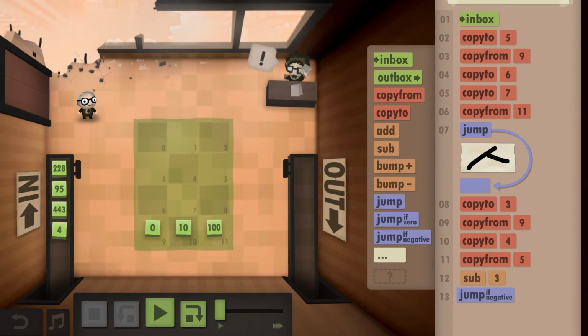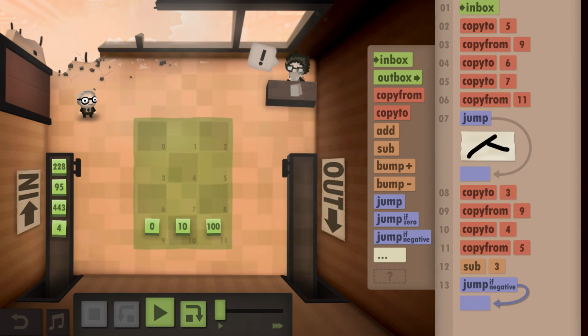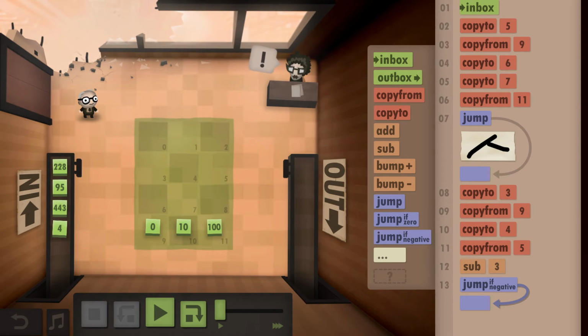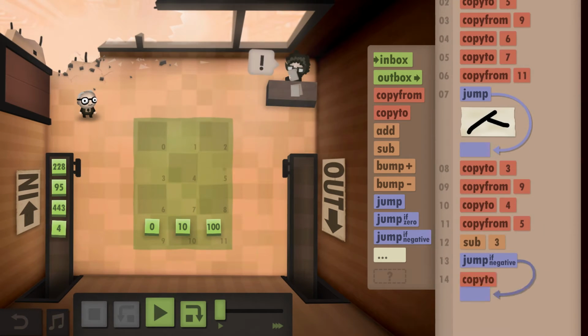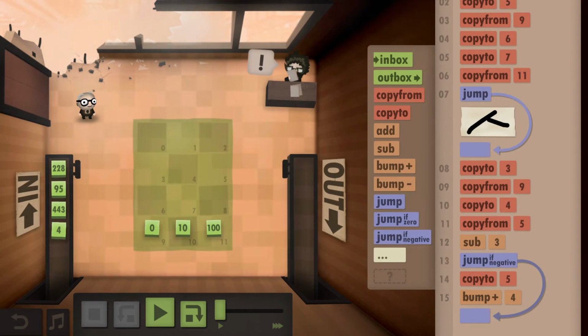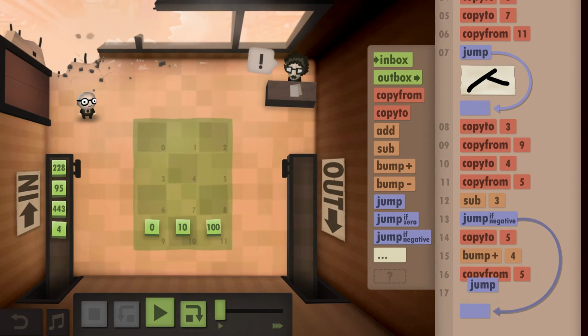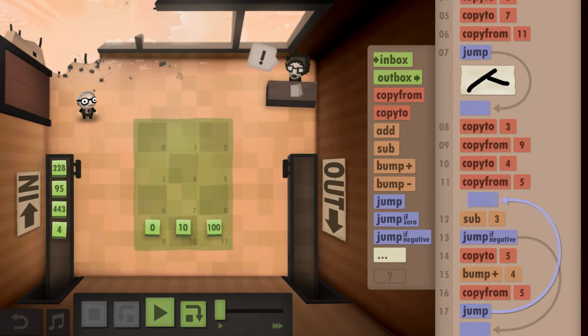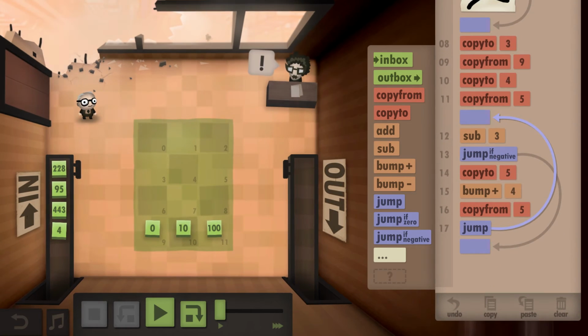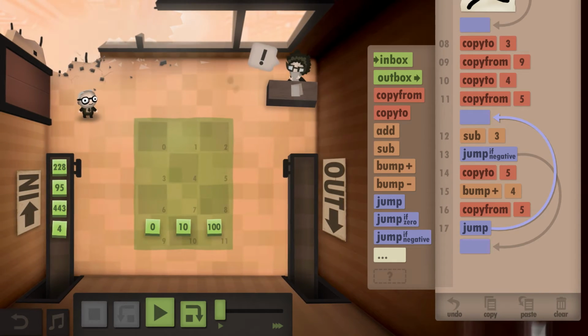And then if it's negative, we will have to do something, but later on the line here in a moment. Otherwise, we will copy that to there. Then bump up that. Then copy from that, and then jump back up to that sub.